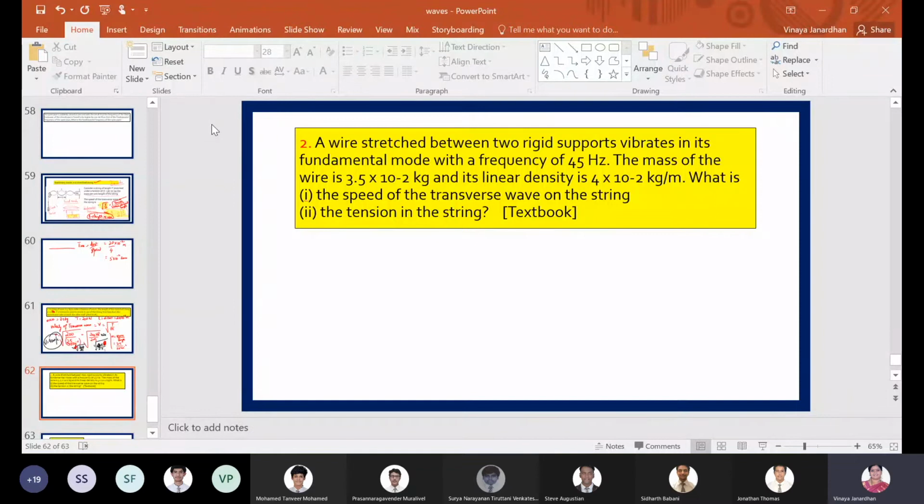One second, let me check all the values given are the same, centimeters, meters. The mass of the wire is okay, and its linear density.